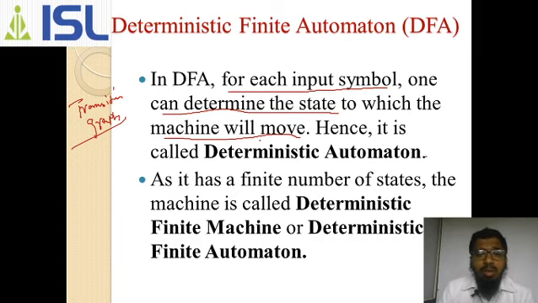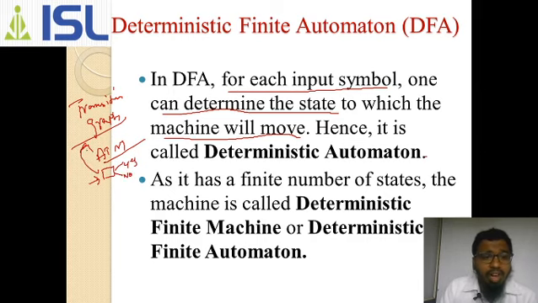Here the input is yes or no, same thing. But how? In the form of transition. This is an example; we will see it in the transition graph and transition table.